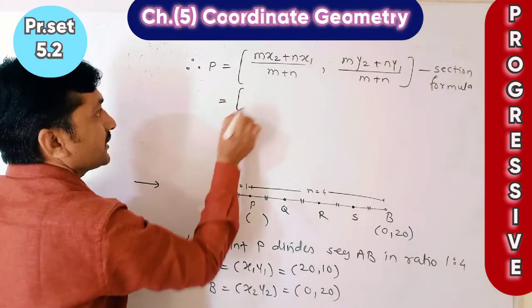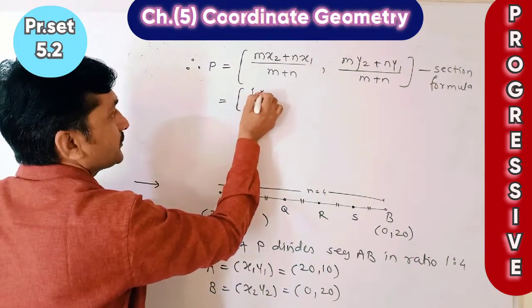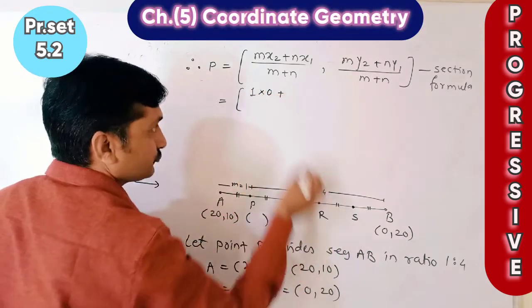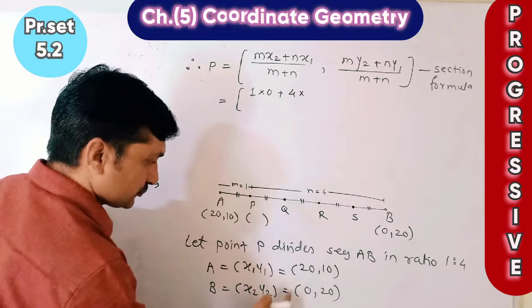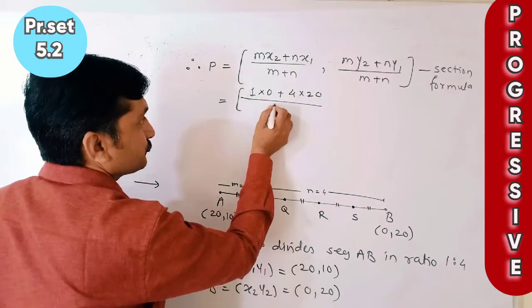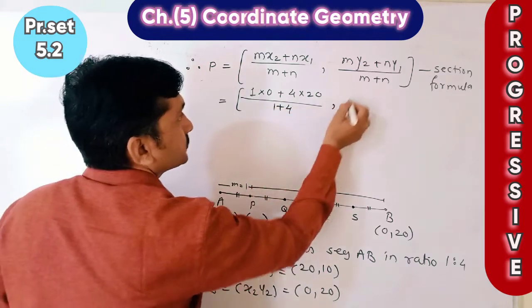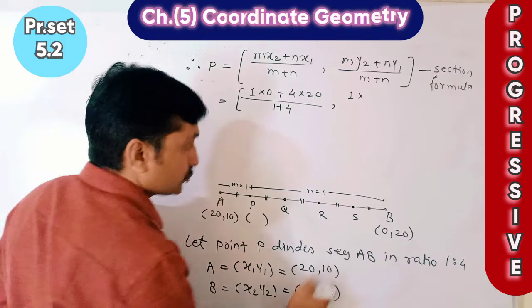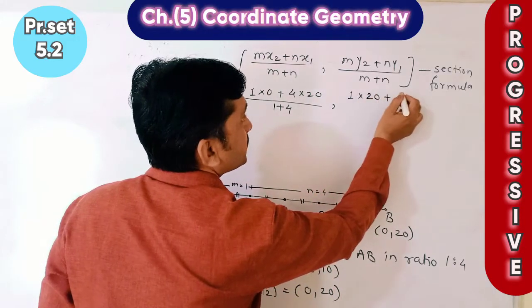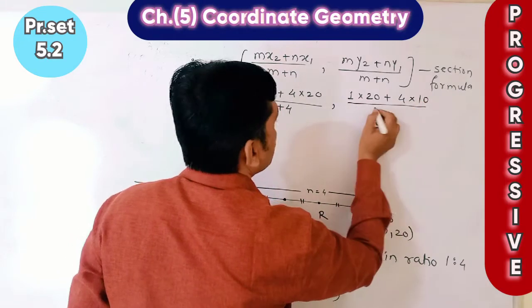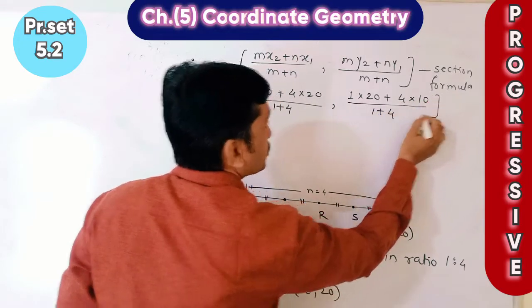It is equal to, in bracket, m is 1 multiplied by x2, which is 0, plus n is 4 multiplied by x1, which is 20, upon m plus n, 1 plus 4, comma, 1 multiplied by y2, what is y2? 20, plus n 4 multiplied by y1, 10, upon 1 plus 4, bracket close.